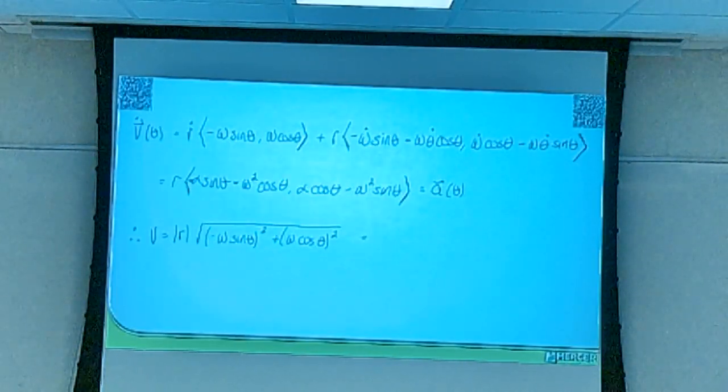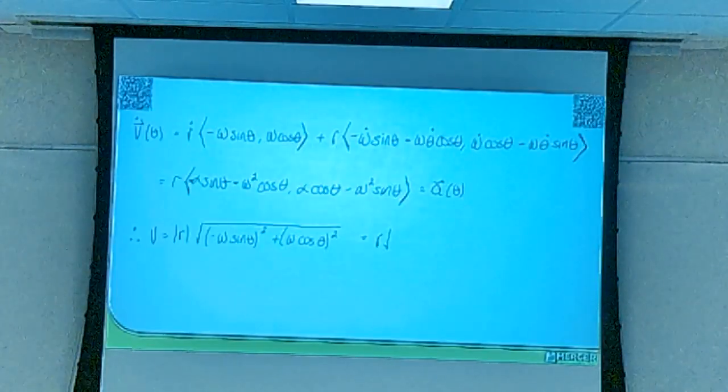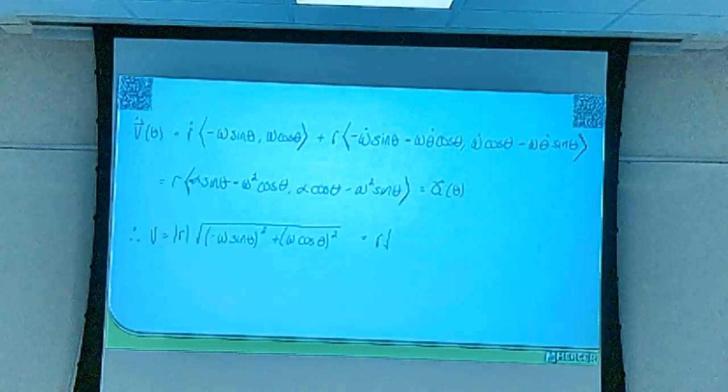But R is radius, so it's always non-negative. Under that square root, you're going to have omega squared sine squared plus omega squared cosine squared.